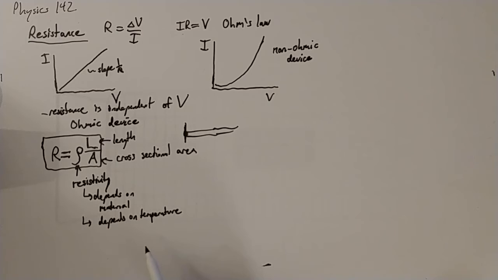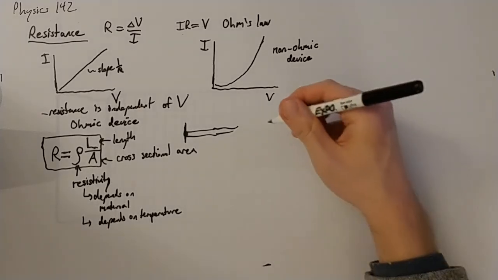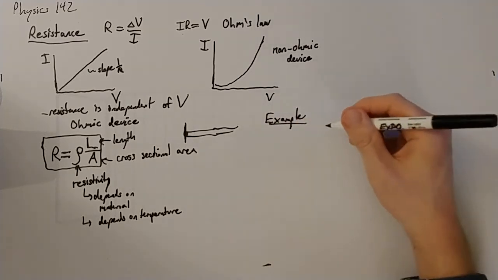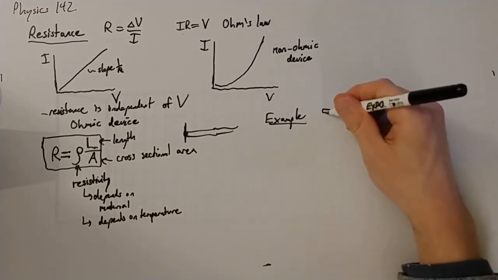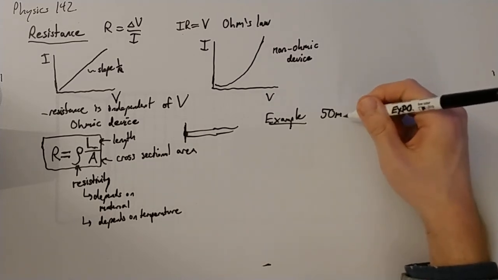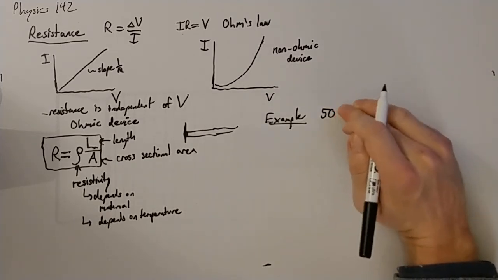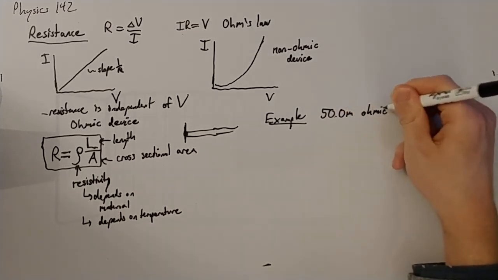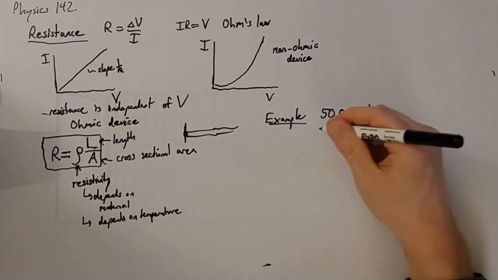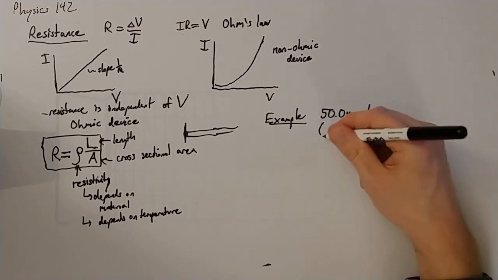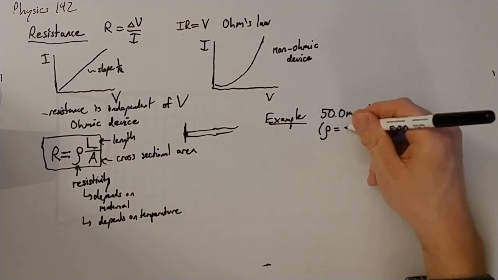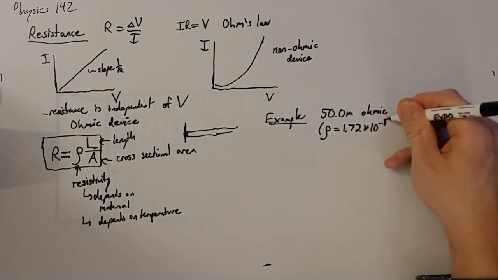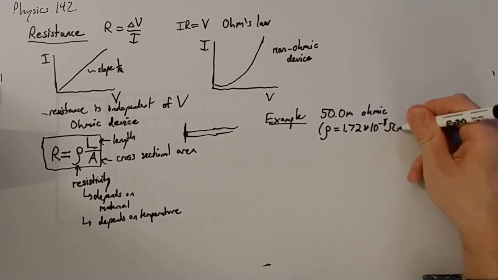So maybe as an example, let's think about a 50-meter ohmic copper wire. I guess let's use some sig figs. A 50-meter ohmic copper wire. And copper, if we go and look in a table, has a rho, a resistivity of about 1.72 times 10 to the minus 8 ohm meters.